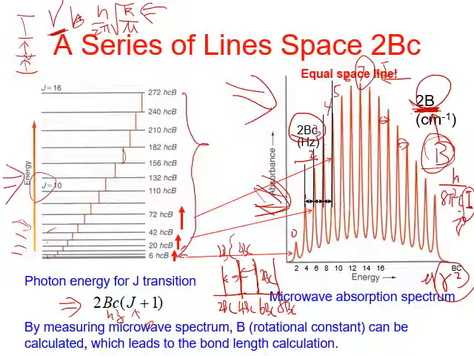So if it's a triple bond or a double bond, the strengths are different, and that can be found by the k constant. So measuring the infrared, which is for vibration, you can find the k constant. But by measuring microwave, which is for rotation, we can find the B constant, and then we can find the bond length. So by measuring the microwave spectrum, the rotational constant can be calculated, which leads to the bond length calculation.